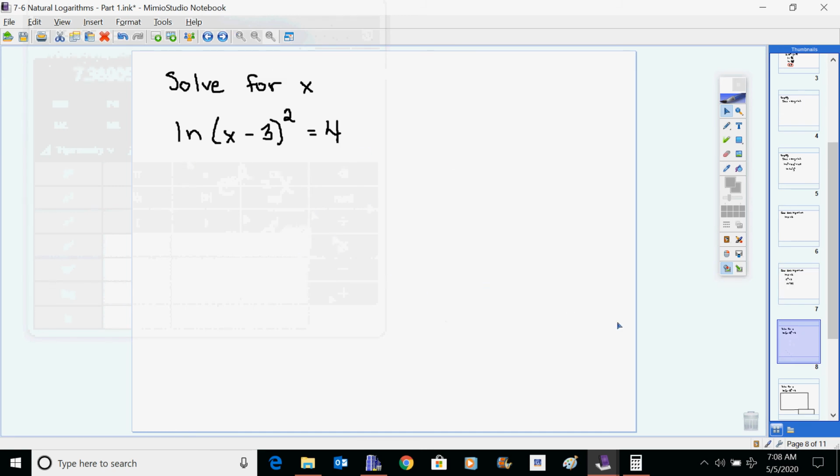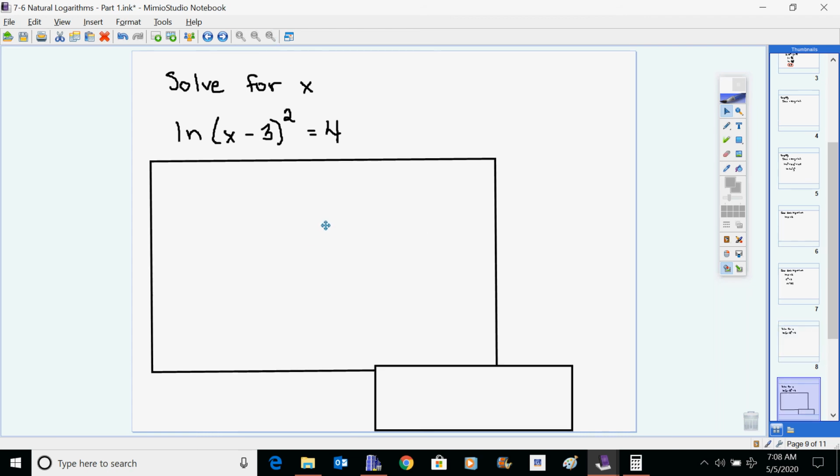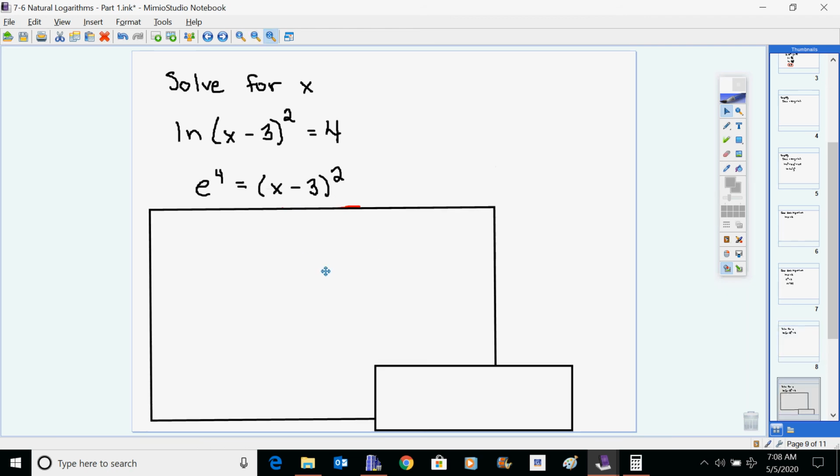Okay, same basic thing. This is really log base e. So e to the fourth power equals x minus 3 squared. And some of you might have said, wait a minute, you have this two too, you can bring it down. Yeah, you could. You'll end up with the same answer, either way, through a different road.